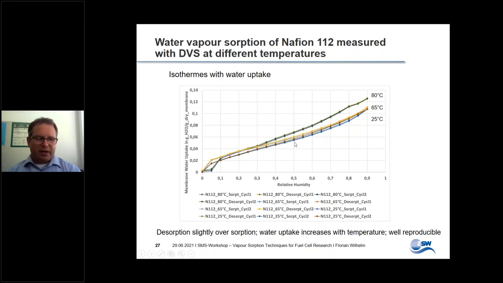Maybe a second remark, always the desorption curve is slightly above the sorption curve, but this is not a very huge effect. So the hysteresis here is not very big. For other material, you may see a lot of hysteresis effects in these typical isotherm curves, but not for these fuel cell membranes, at least not for the ones we measured so far.